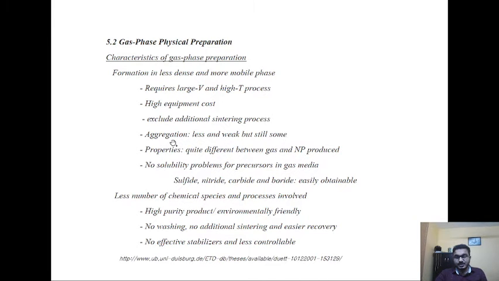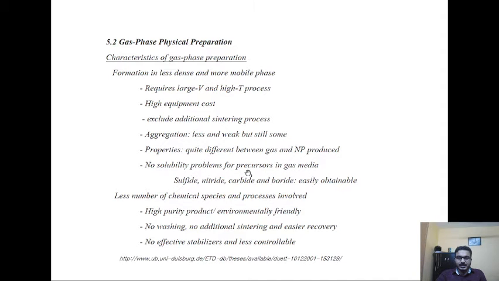Then aggregation is less and weak, but still some form of aggregation is observed in such gas phase preparation. Then properties are quite different between the gas and the nanoparticles produced. There are no solubility problems for precursors in gas medium.